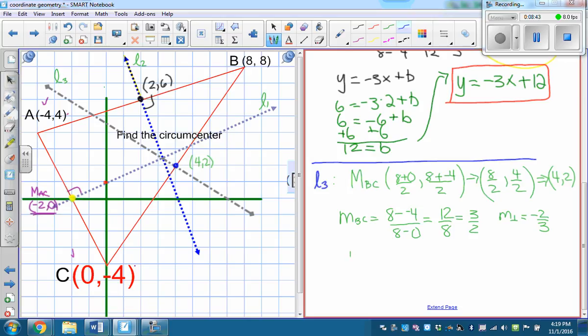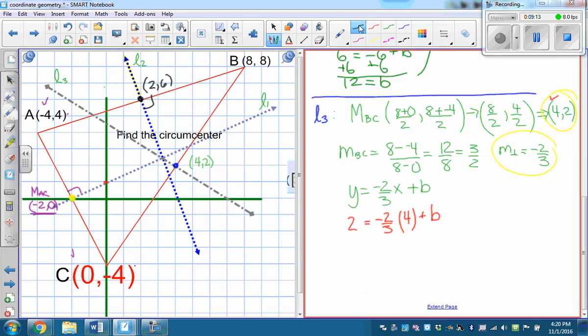So the line equation, y equals negative 2/3 x plus b. I'm using that and this. So put in 2, y equals negative 2/3 times the 4 for the x value from the midpoint plus b.